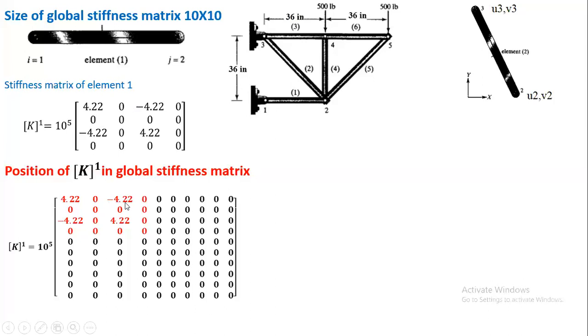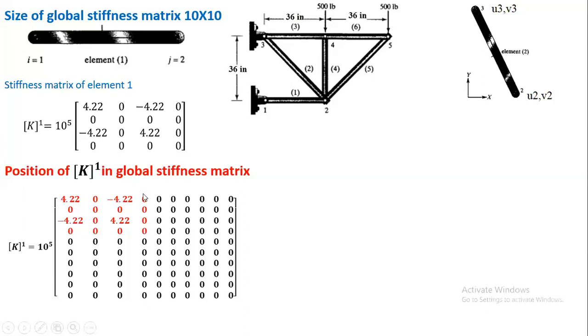Next is u2. u2 is the displacement of node number 2, and it is the displacement of element number 1 at node number 2. Now when we want to add this in the stiffness matrix, you have to consider the location, that is this location is associated with K13 in the global stiffness matrix.